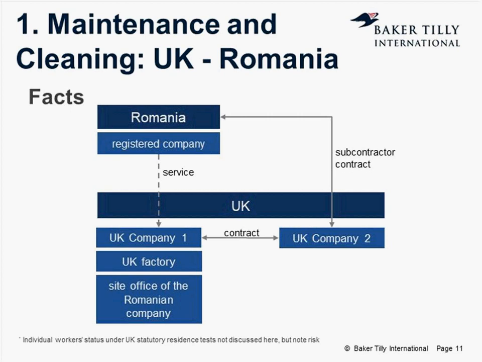And the main question about this case was, is there a permanent establishment by a fixed place of business? And if you look at the facts of the case, then the place of business must be permanent.